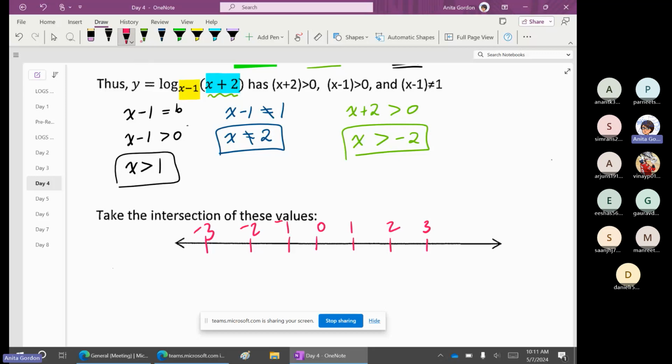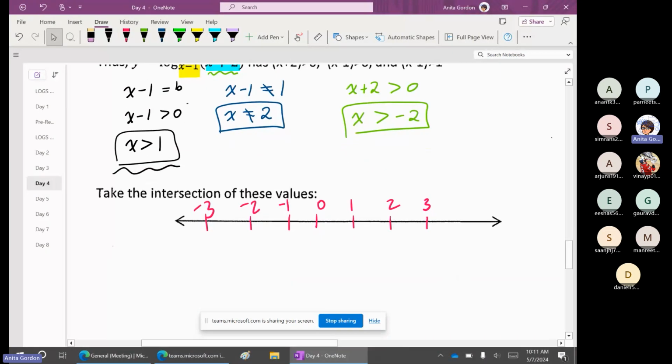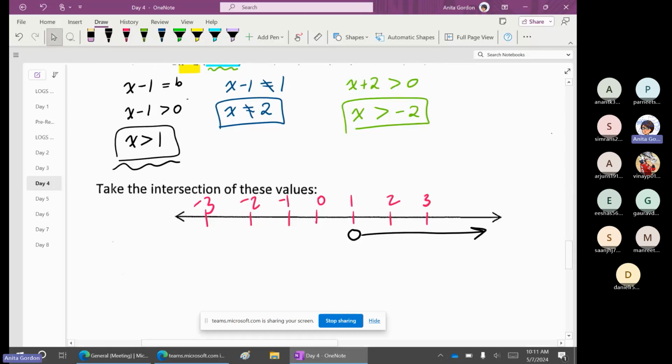Okay. So in my first restriction, I see that x has to be greater than 1, but it cannot be 1. It has to be strictly greater than. So I'm going to draw a circle under the 1, saying that's my starting point. And I must be greater than, so I'm going to draw an arrow to the right. That is my first restriction.